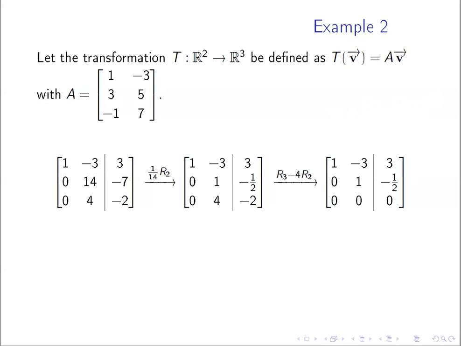Now here's a key thing. Notice this row does not have any leading coefficients. However, each of my columns does. Because each of my columns, when I'm in row echelon form, has a pivot, it means it has a solution, and specifically one solution.